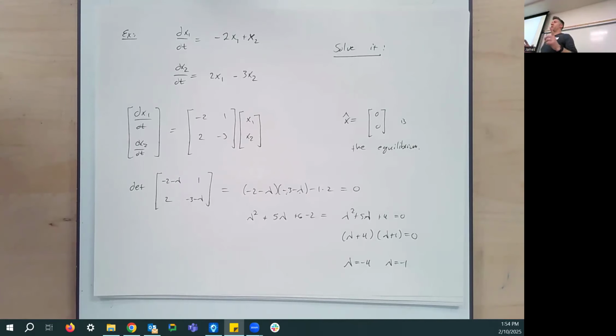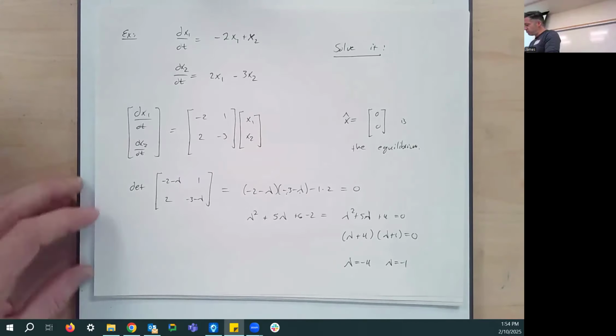When you think of a stable node, it's also called a sink. Kind of think of all the water draining into the sink. It's stable, everything's going into it. Whereas an unstable node is the source, everything is kind of spewing from it. It's usually called the faucet. The faucet is the unstable node, everything's coming out of it, and the sink is the stable node, everything's going into it. And then the saddle is just terrible.